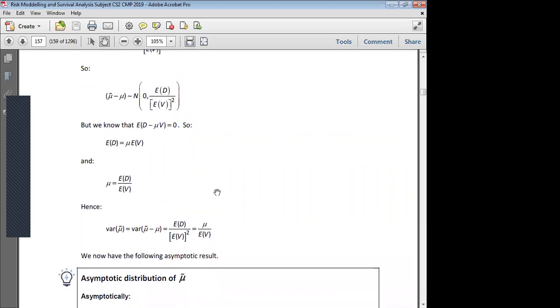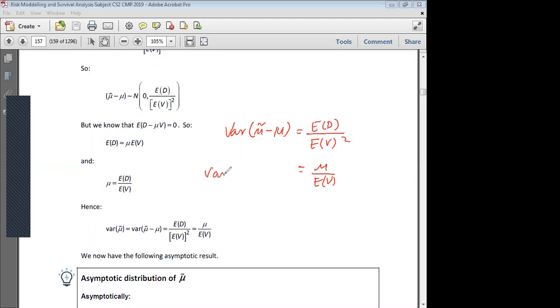So again, why is the variance of mu tilde that? If my variance of mu tilde minus mu is expectation of d upon expectation of v square, which I can rewrite as mu upon expectation of v, I know that I can rewrite this as variance of mu tilde minus variance of mu. But this is just my population statistic, so the variance of this guy is always going to be 0.